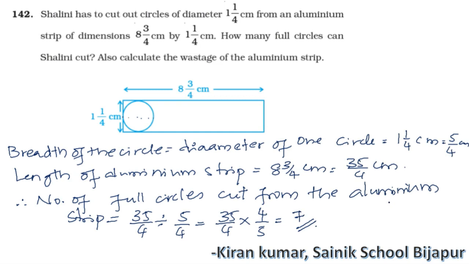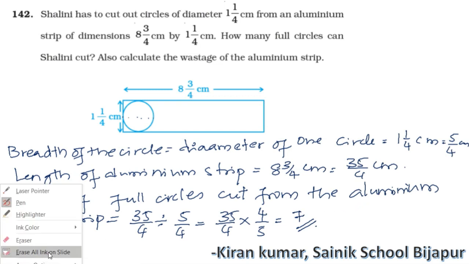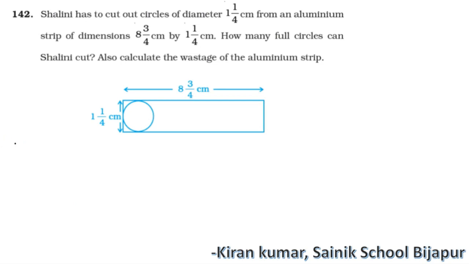This particular area has to be subtracted from the area of aluminium strip. Then we get the wastage of the aluminium strip. Let's do that. First, let me mention the radius of one circle. The radius of one circle is 5 by 4 divided by 2. We get 5 by 8 centimeter.